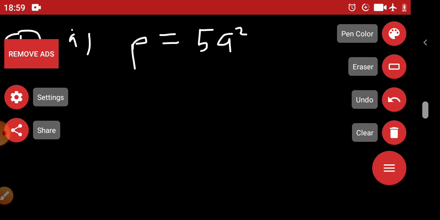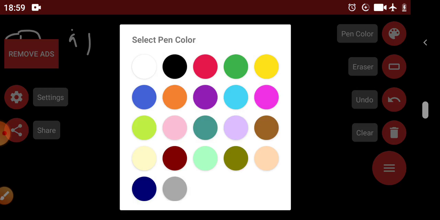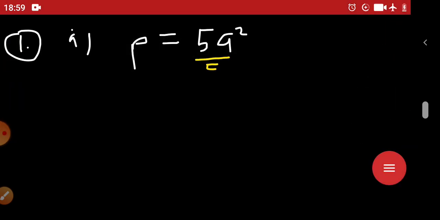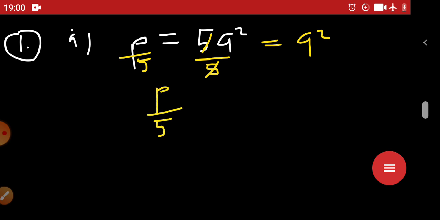A convenient way here will be to divide by 5 both sides. This 5 cancels this 5, so we have 1 times a squared, which is a squared. So let me write it like this: p over 5 equal to a squared.